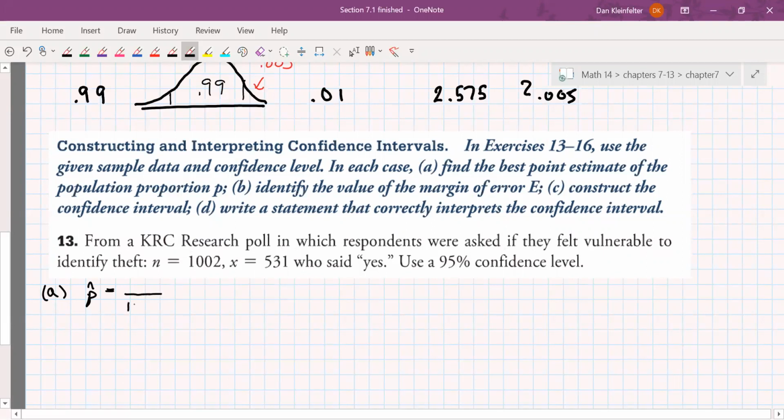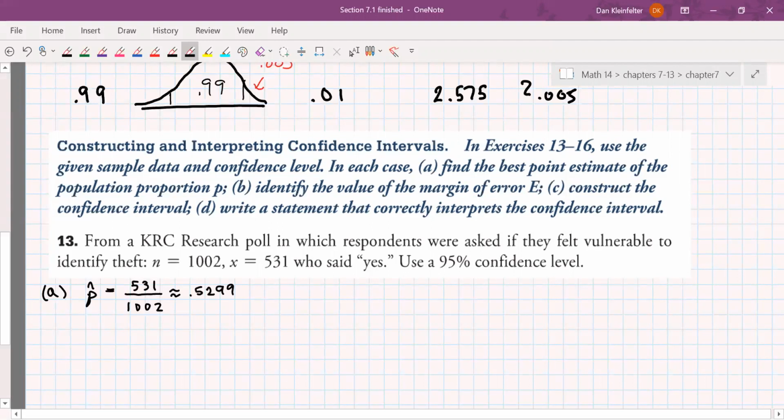So there were 1,002 total respondents. 531 said yes. So it's 531 out of 1,002. So that will be our P hat. Just for our reference, as a decimal, that is about 0.5299.